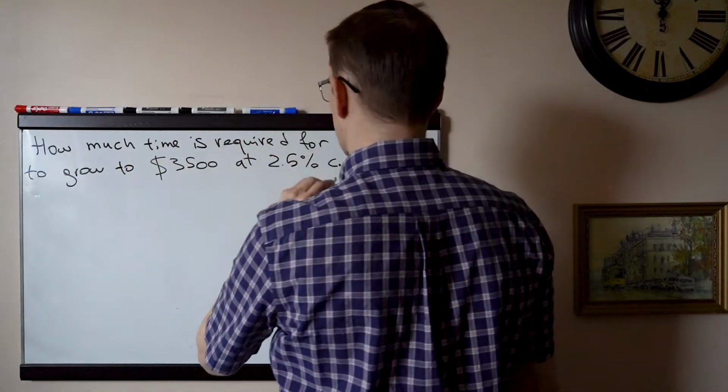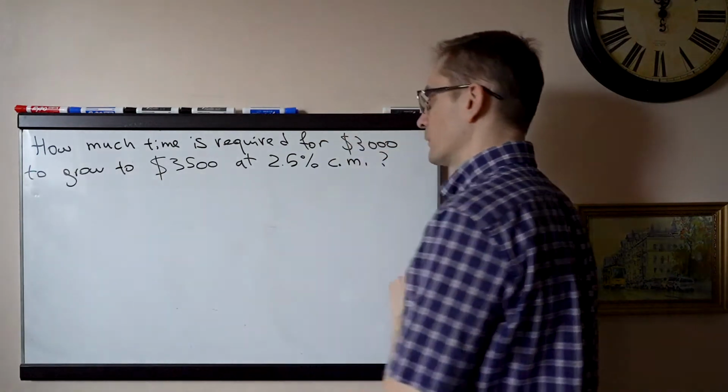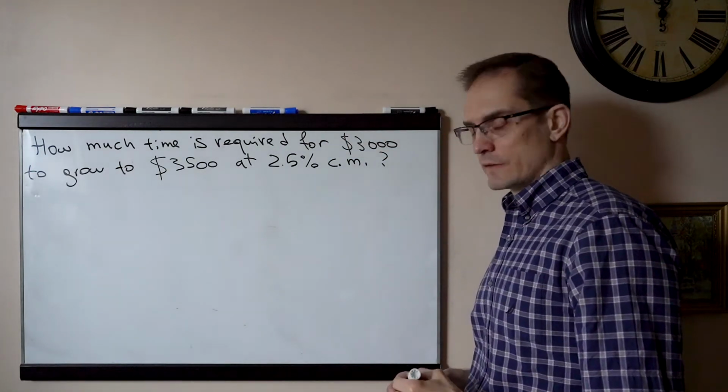How much time is required for 3,000 to grow to 3,500 at 2.5% compounded monthly?